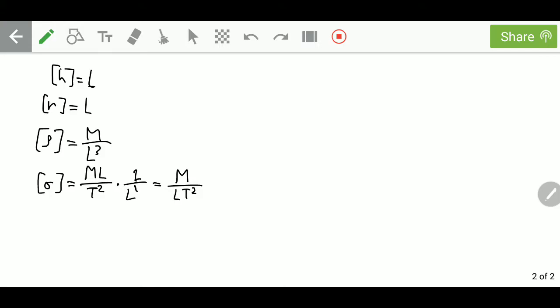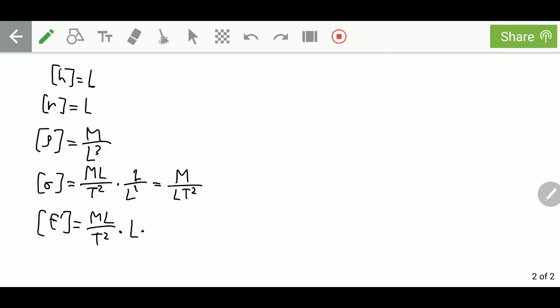And now we're asked to find the kinetic energy per kilogram, and let us call that quantity E prime, so energy per kilogram. And so that will be energy, which is force times displacement, or work is force times displacement, and so that will be mass times length over time squared, and then times another length.